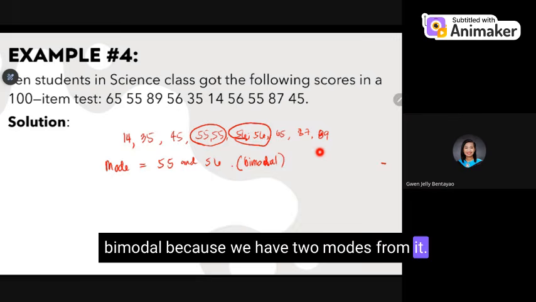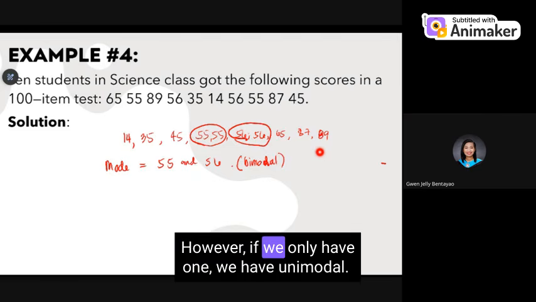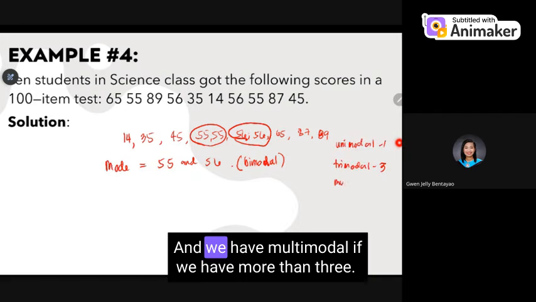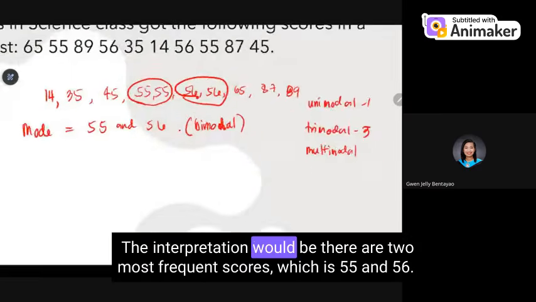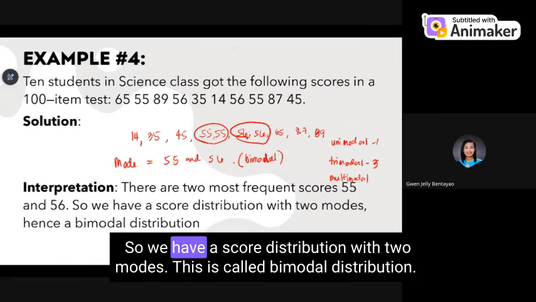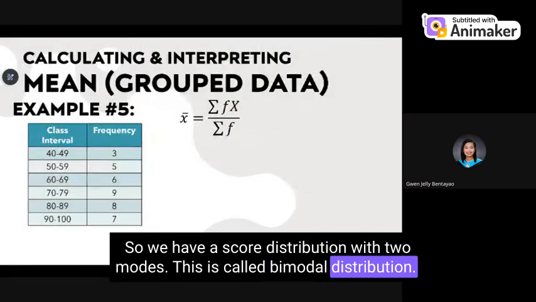However, if we only have one, we have unimodal, we have trimodal for 3, and we have multimodal if we have more than 3. So the interpretation would be there are two most frequent scores, which are 55 and 56. So you have a score distribution with two modes. This is called a bimodal distribution.